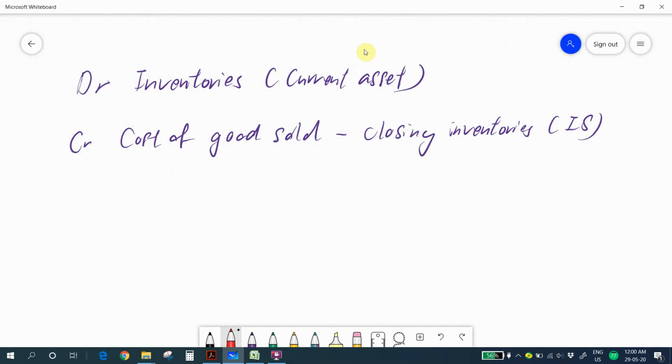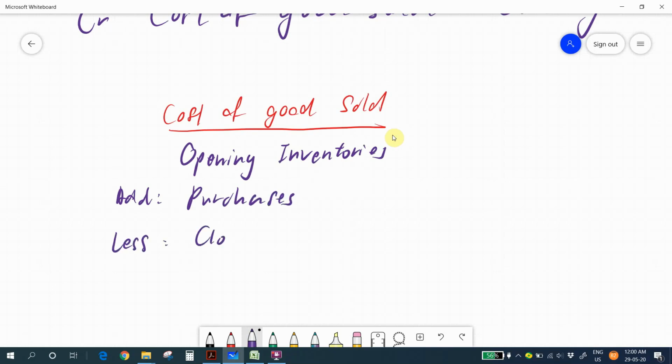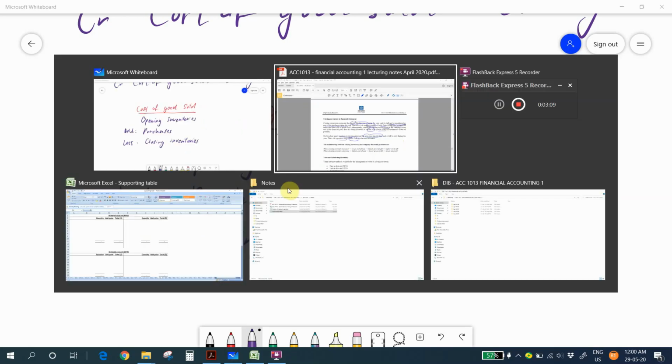The cost of goods sold will be based on opening inventory plus the purchase during the year and minus the closing inventory during the year. And the concept of this formula I have explained in your chapter 3 video.